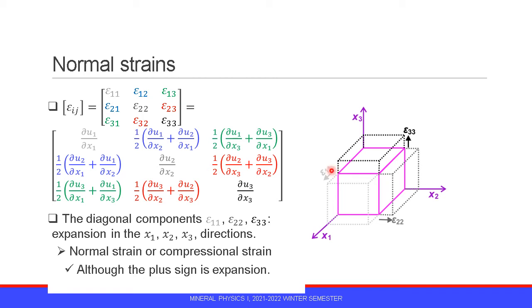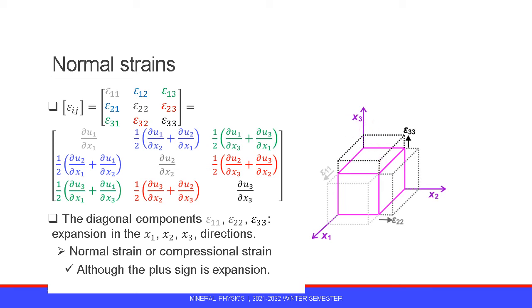Epsilon 11 expresses the extension of this pink body in the x1 direction by this amount, and epsilon 22 expresses the extension of this pink body in the x2 direction, and epsilon 33 expresses the extension of this pink body in the x3 direction.